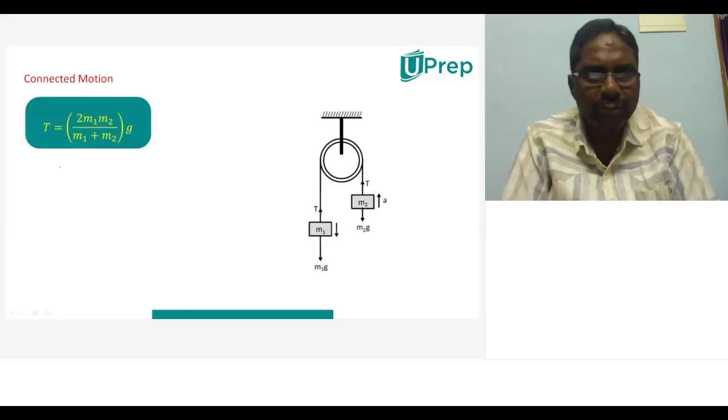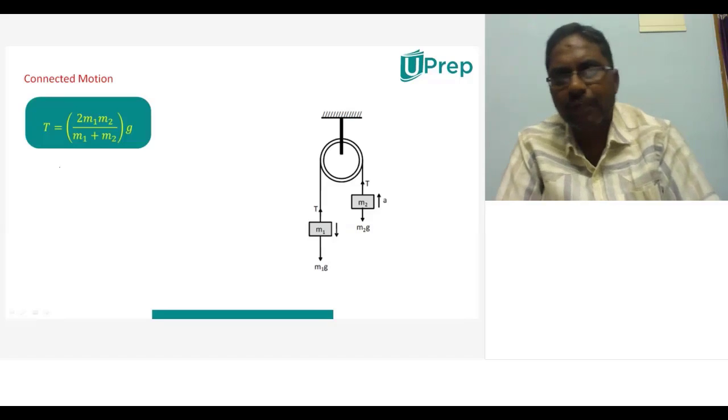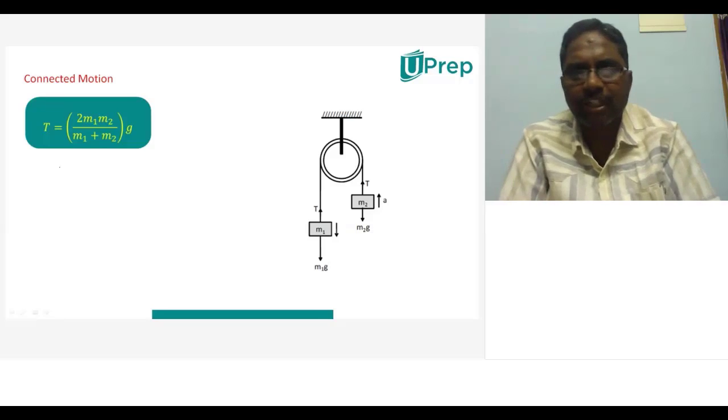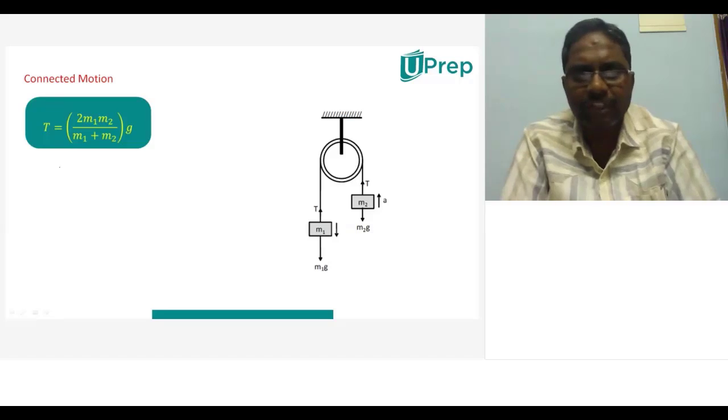In that continuation, what is our chapter, Arnav? Newton's laws of motion. That means we are learning about the motion of an object, isn't it? How it will move, and when they are moving, what type of forces will be there, and if force is there, what will be the acceleration, what will be the tension. Like that, we are going to learn all those things.